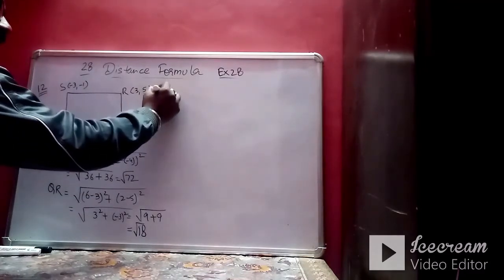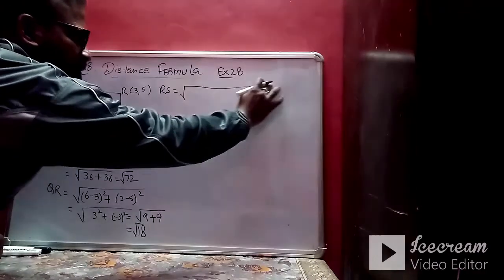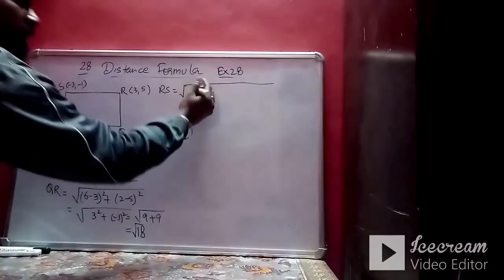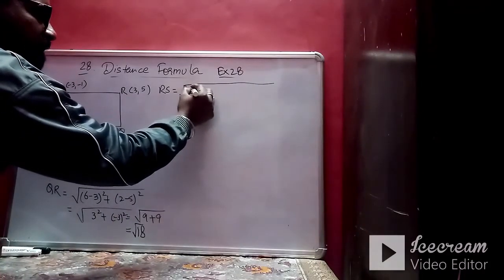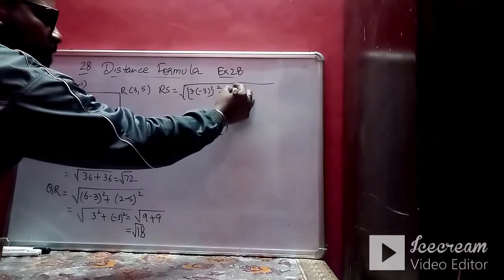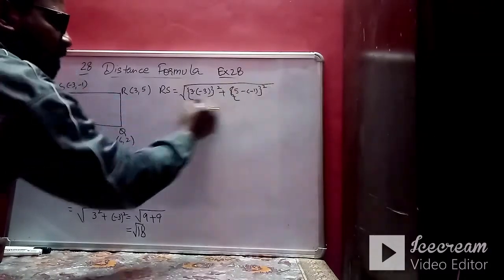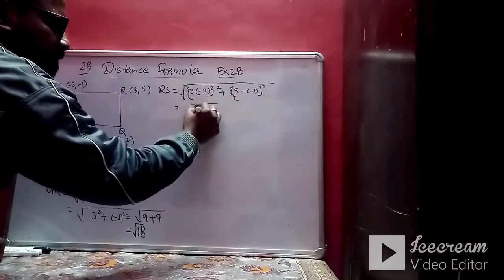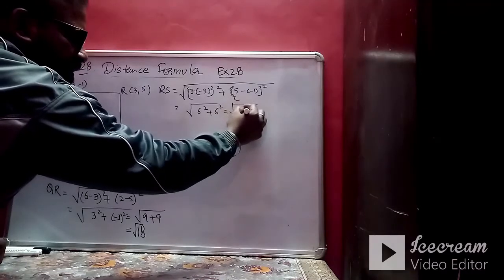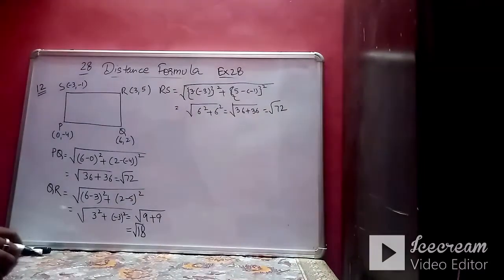Then I will calculate RS. So what will be the RS? RS will be (3 minus -3) square plus (5 minus -1) square. So it will be how much? 6 square plus 6 square, that is 36 plus 36 equal to root 72.